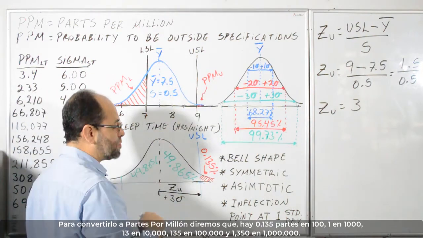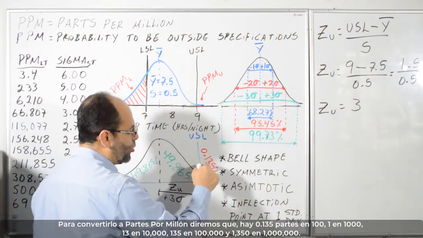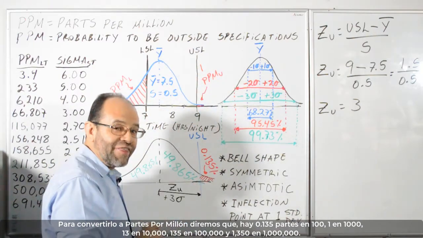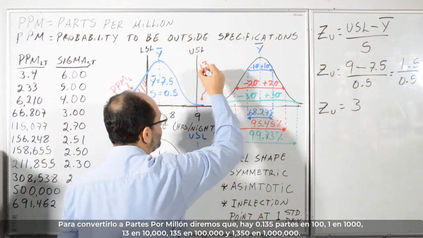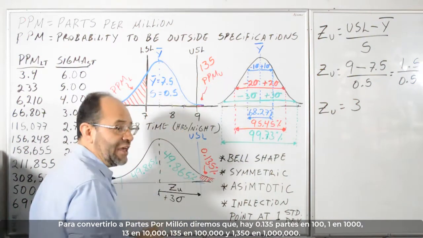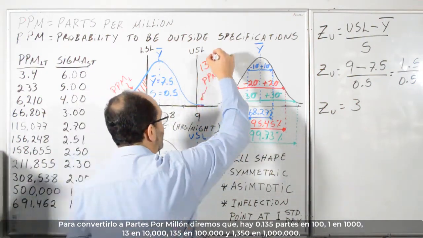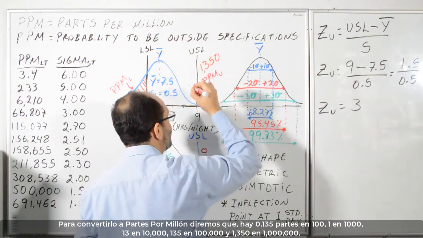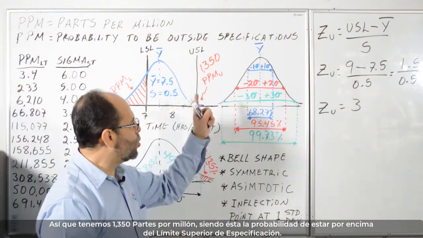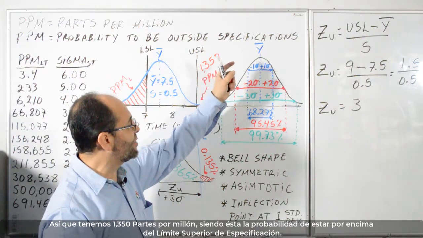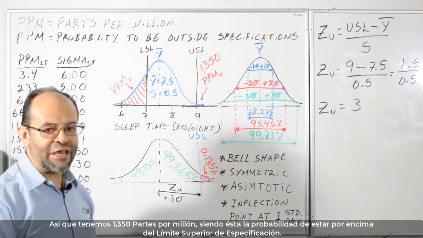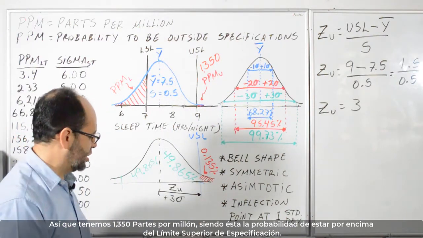In terms of parts per million, that is 0.135 in 100, 1 in 1,000, 13 in 10,000, 135 in 100,000, and 1,350 in 1 million. So it is 1,350 parts per million, which is the probability of being above the upper specification limit.